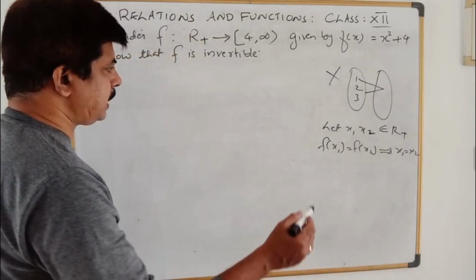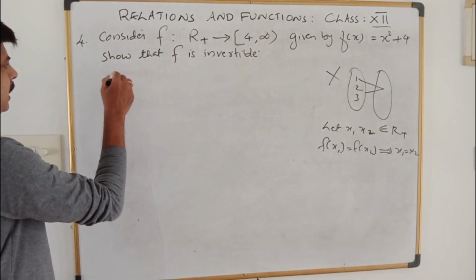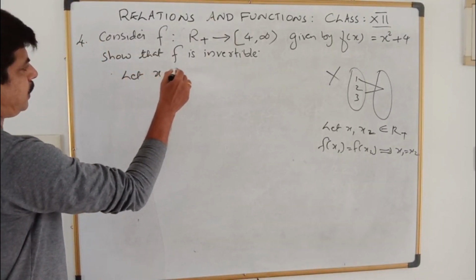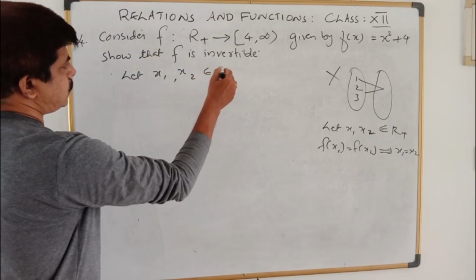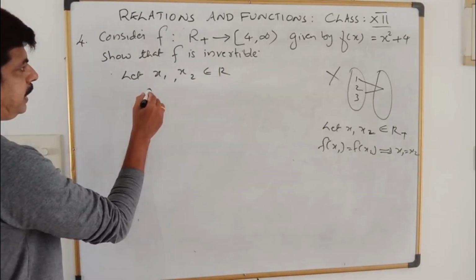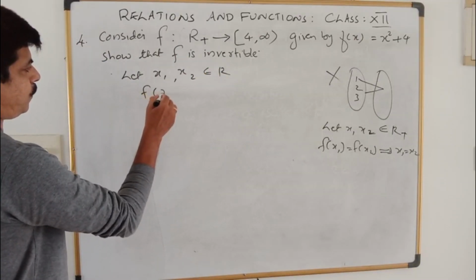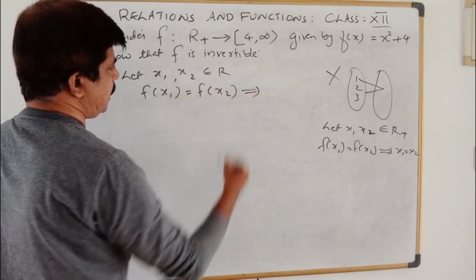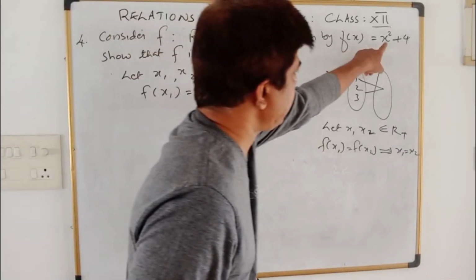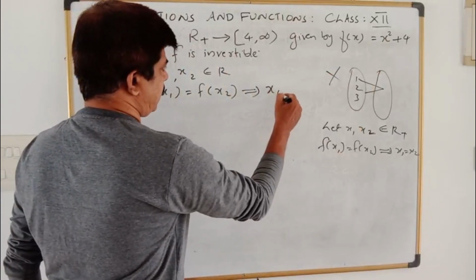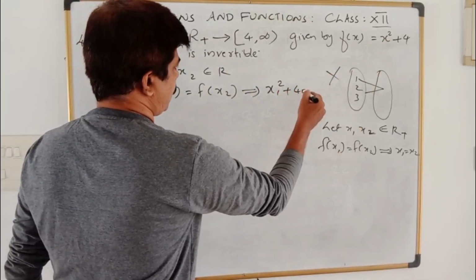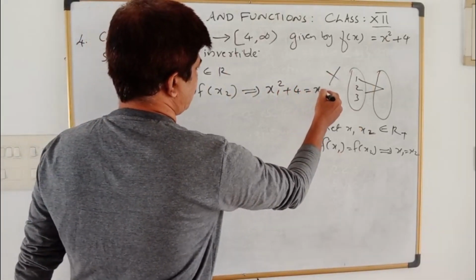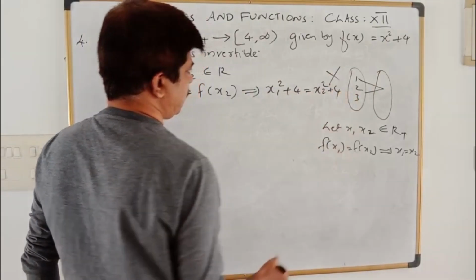Okay, now let's do that. Let x1, x2 belong to R. We will use this property: f(x1) equal to f(x2) implies x1 square plus 4 is equal to x2 square plus 4.